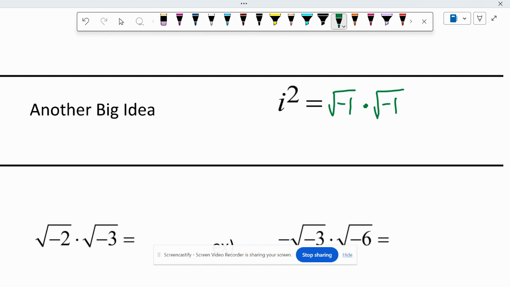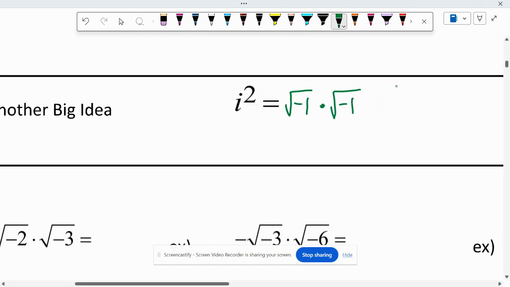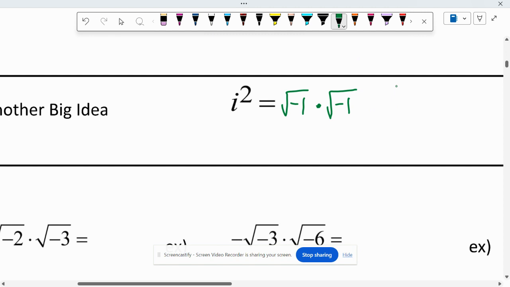The radicals disappear, right? So i squared is negative 1. Does that make sense? Okay. So that's our other really big idea, right?